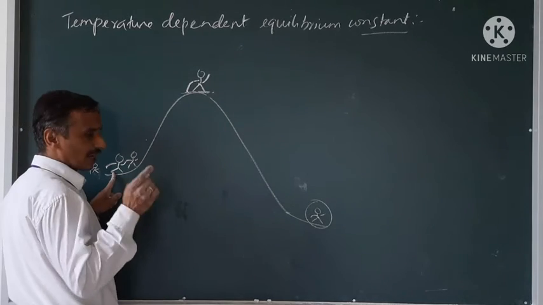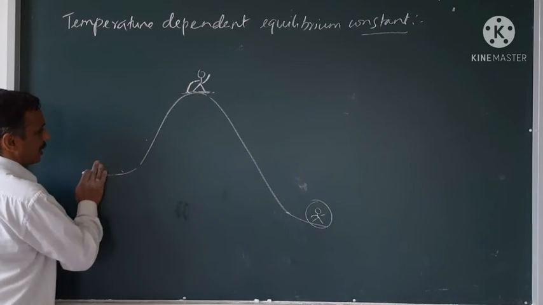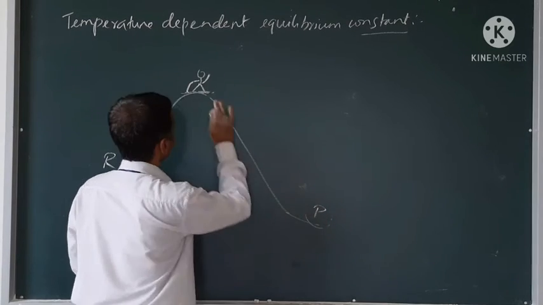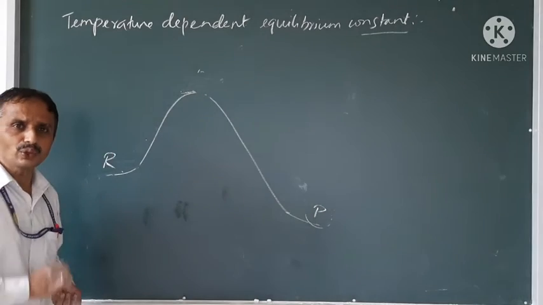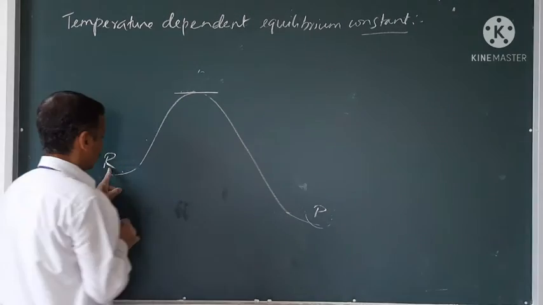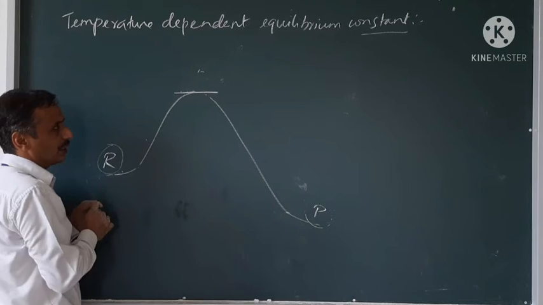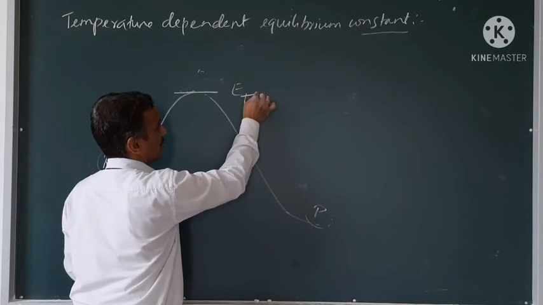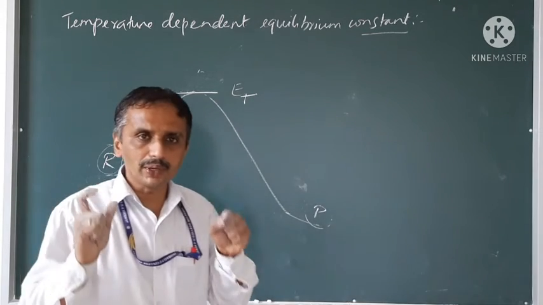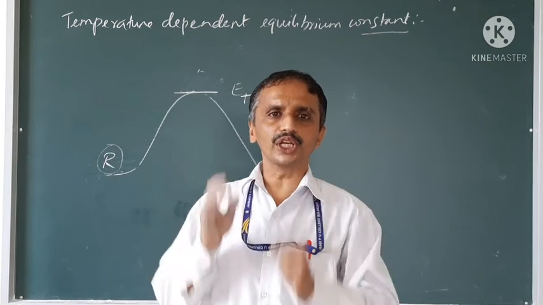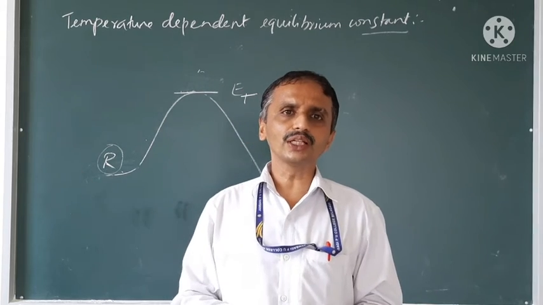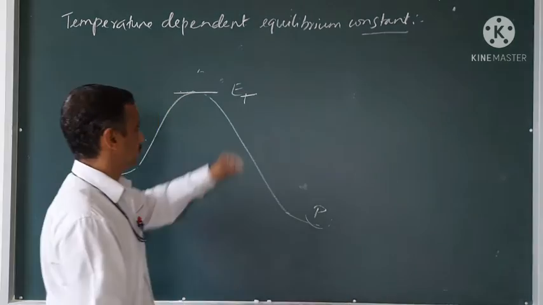And see here, in the reaction also, this is the reactant and this is the product. For the reactant to give the product, the reacting molecule should have a minimum energy, and this minimum energy is called the threshold energy, ET. It is the minimum energy that the reactive molecule should possess to give the product upon collision.